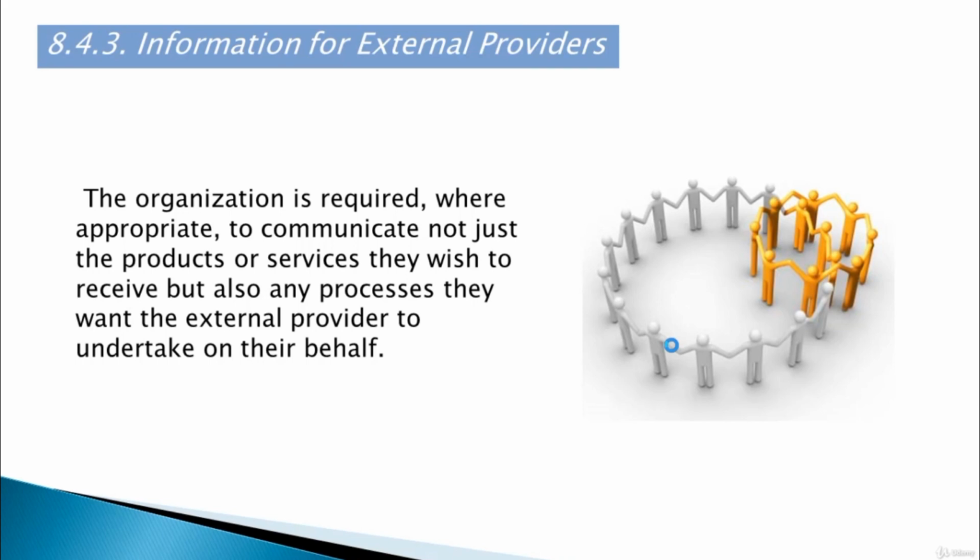The organization is basically required, where appropriate, to communicate not just the products or services they wish to receive, but also any processes they want the external provider to undertake on their behalf.